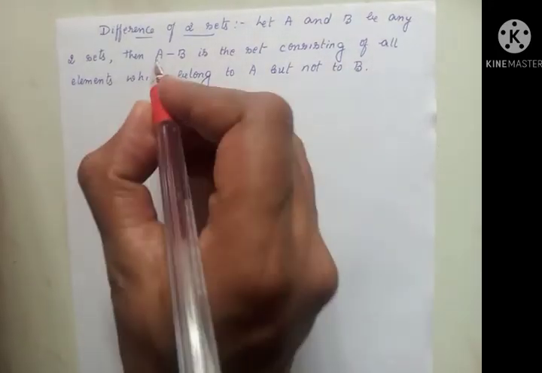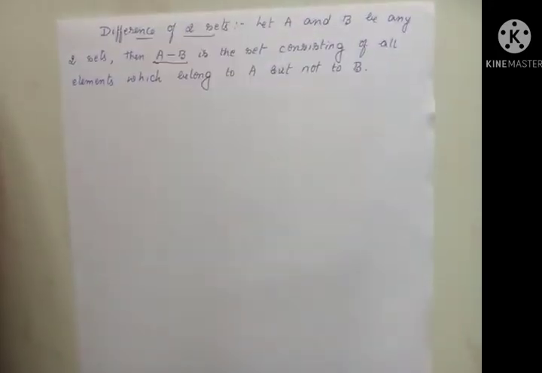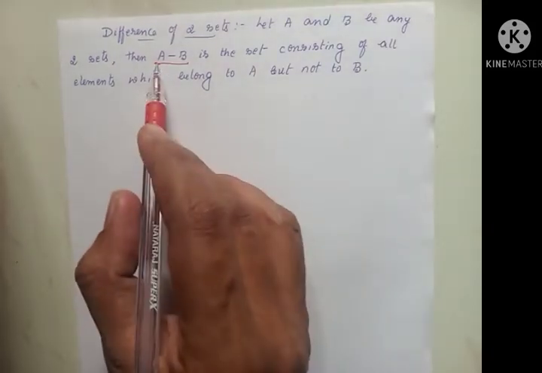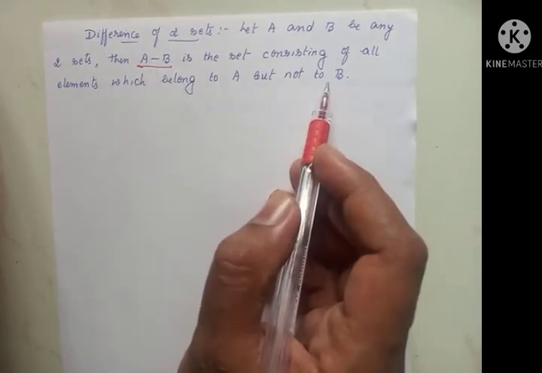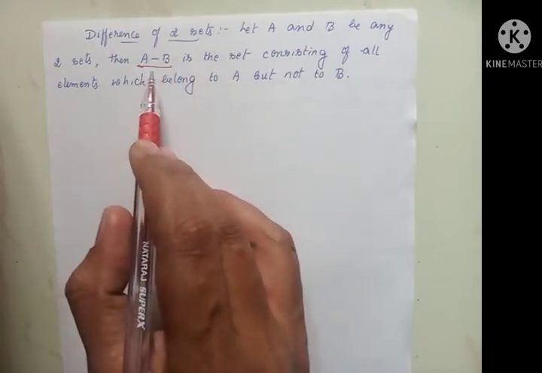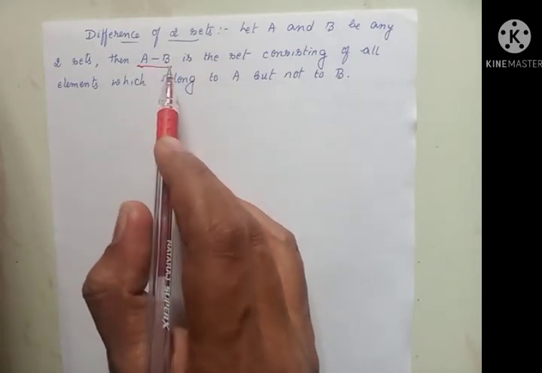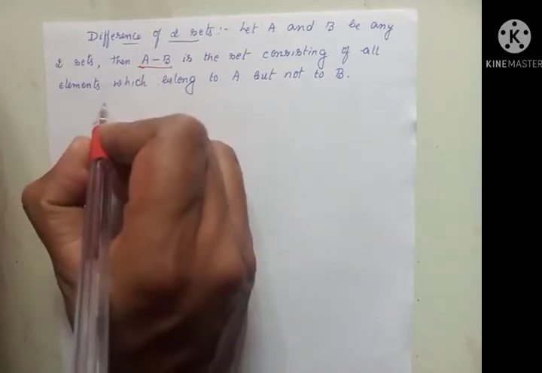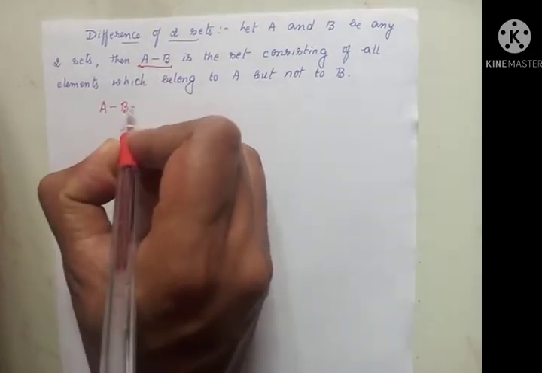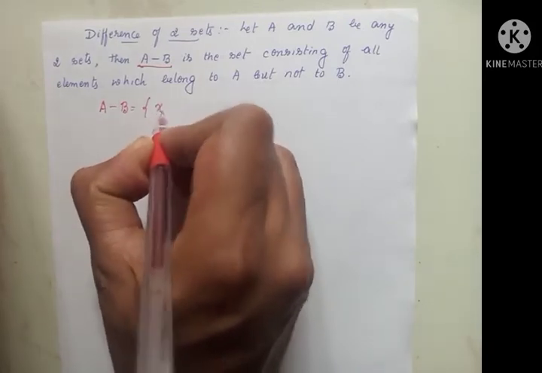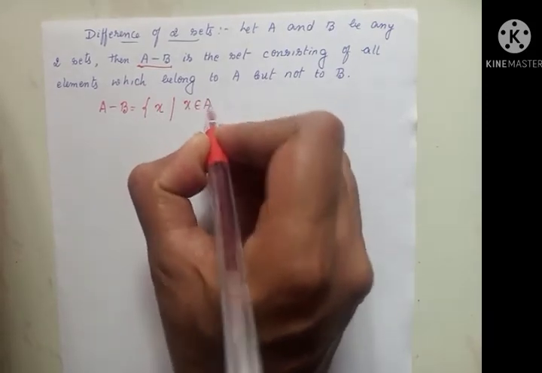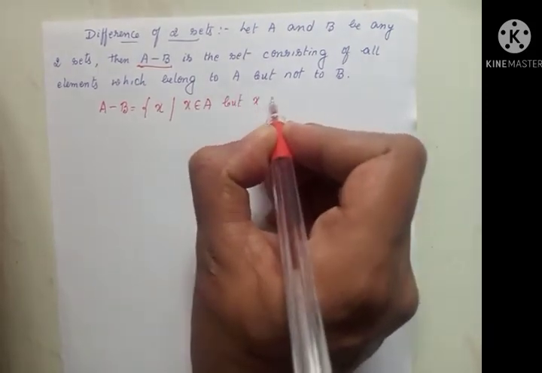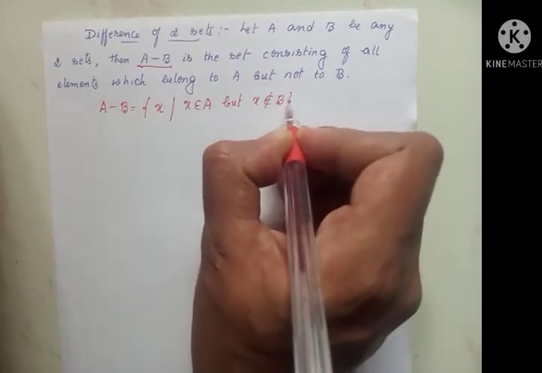Symbolically we write A minus B. It consists of all the elements which belong to the first set A and do not belong to B. So you have to write the elements of A which are not in B. Symbolically we write like this: A minus B is the collection of all x such that x belongs to A but x does not belong to B.